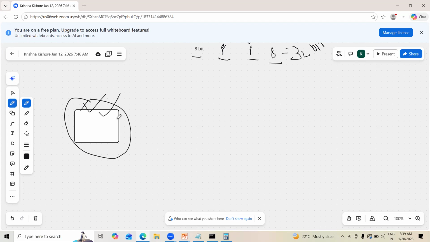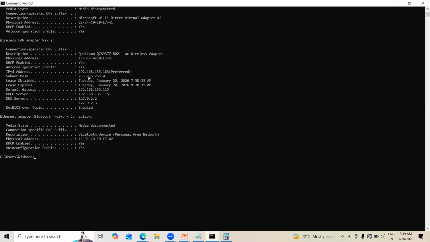This device is needed because when you try to connect to the internet, these devices are connected to your router. For example, my laptop is connected to the internet. How can I connect to the internet? Only through my router. So the router will assign the IP address to my laptop.